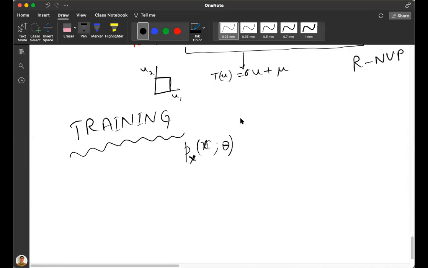So this estimate should match what? P_x star, some target distribution.